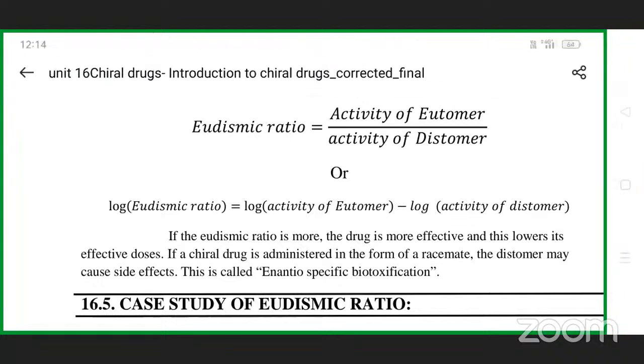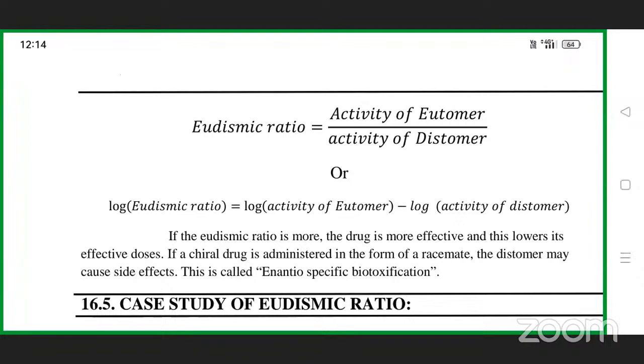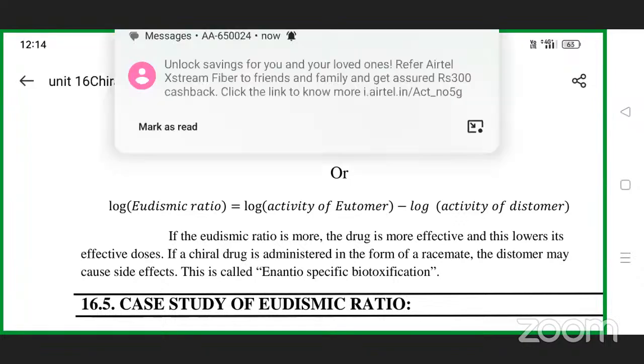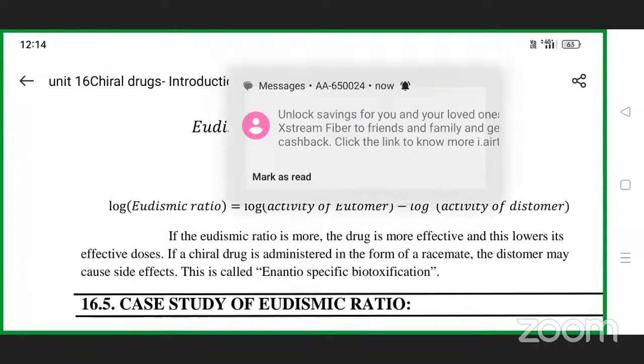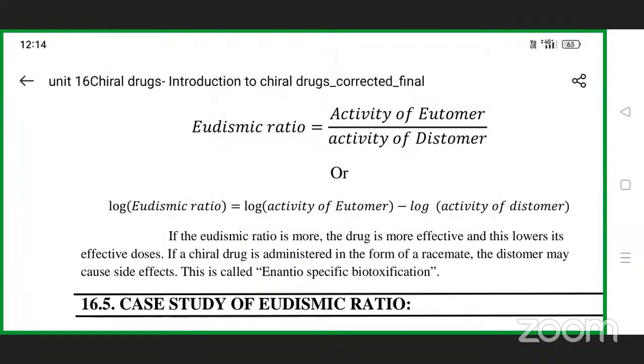The eudismic ratio is nothing but the activity of eutomer by activity of distomer. It is a ratio between the activity of eutomer and the activity of distomer, called the eudismic ratio, right? And the eudismic ratio is one of the important criteria to decide the dosage of your drug, right?